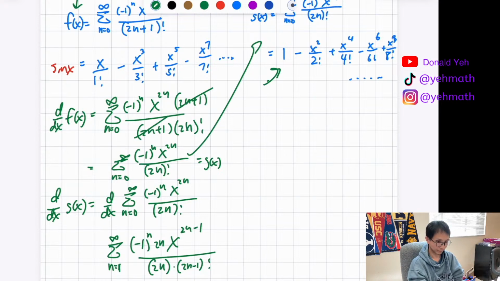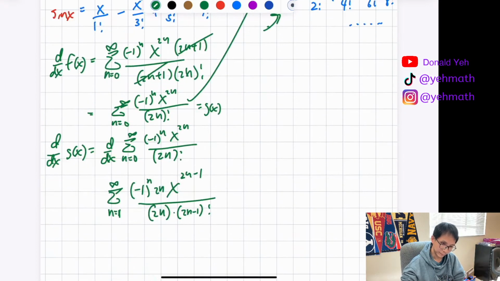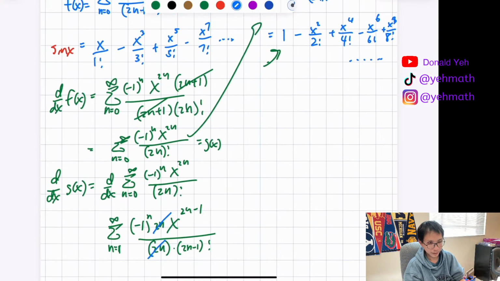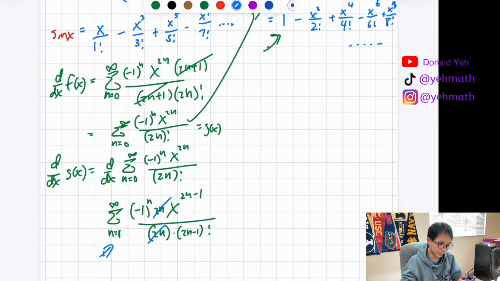Because if you took the derivative of the first term, n equals 0, then it equals 0. The first term was x; if you take a derivative, it's going to be 1. After you take another derivative, that 1 goes away. So it becomes n equal to 1, and you start with the next term because the first term is gone.